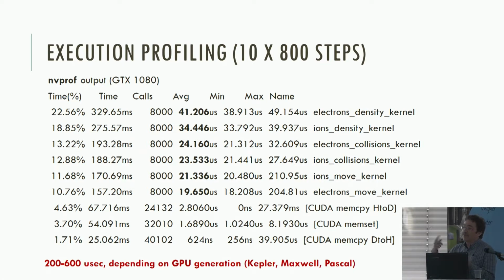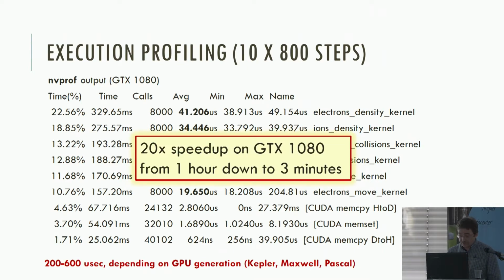The original innermost loop ran for 3,000 microseconds. So 200 is over the 10 speed up targets that we were hoping to reach. So that's quite nice. And eventually we got a speed up of 20 with this implementation after some optimizations.